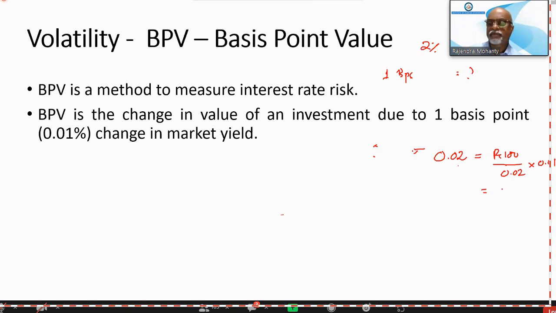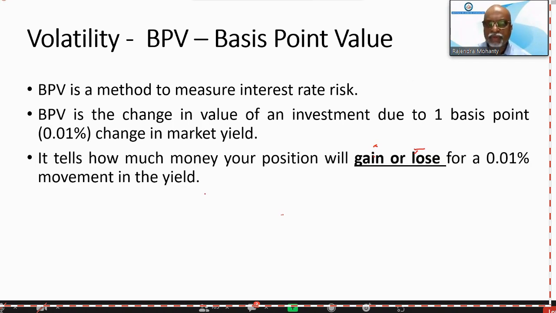50 rupees. Okay. So if such questions are given, you have to calculate that for 0.01% only. When you know the BPV, after calculating that, we can calculate our position, how much we have gained or how much we have lost for that 1 BPS move. When the question says that the market yield increases by 3 BPS, are you going to lose or going to gain?